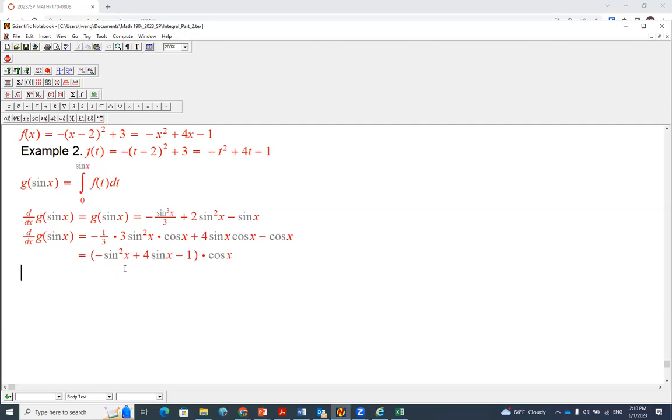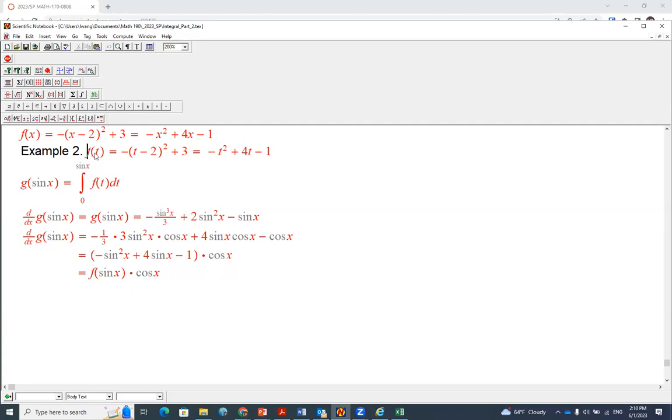It's really f of sine X multiply cosine X. Do you see that?